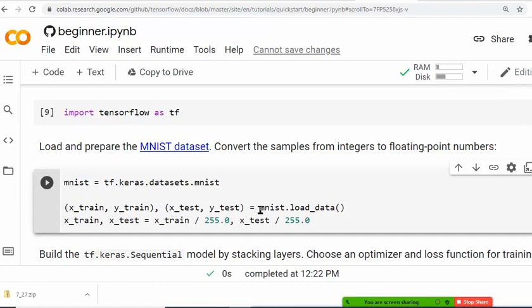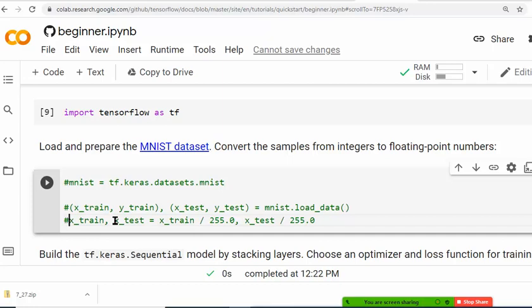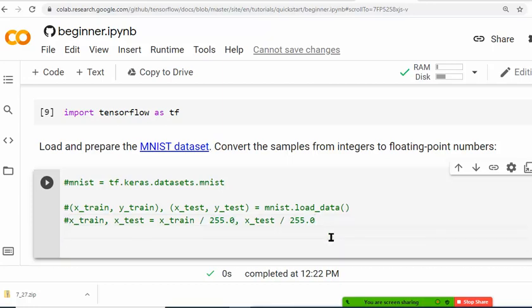Okay, and I showed before that you can show the image. So let me just do that quickly again. Show you that each instance in XTrain is a representation of a digit.